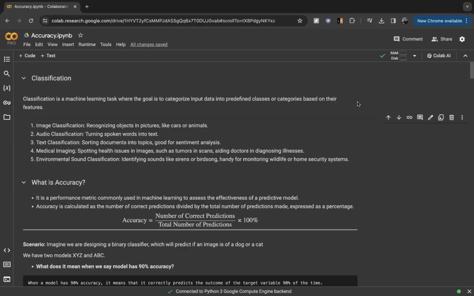Classification is a machine learning task where the goal is to categorize input data into predefined classes or categories based on the features.